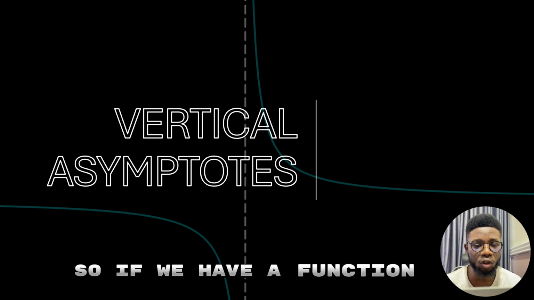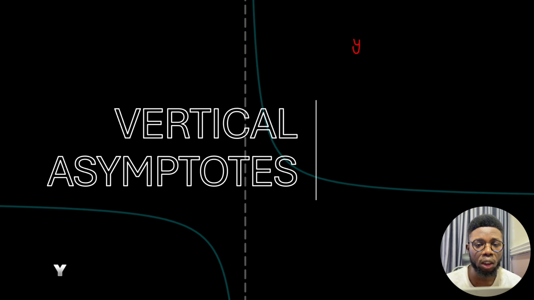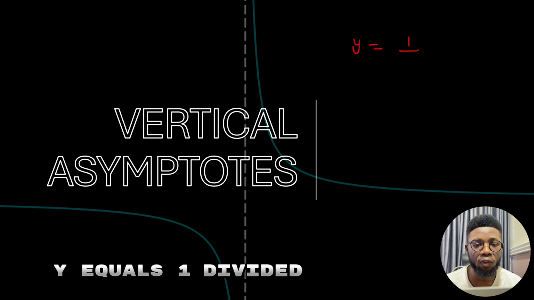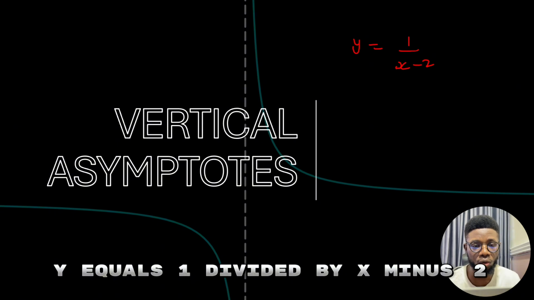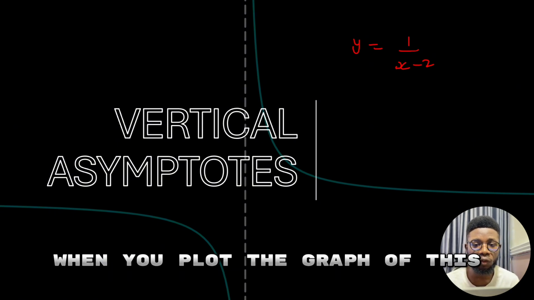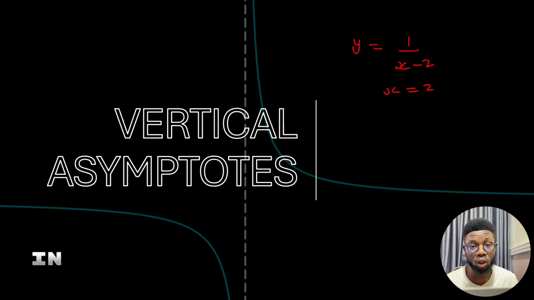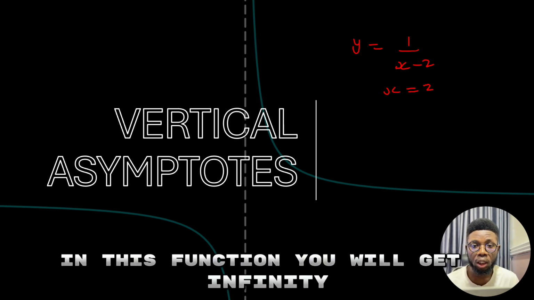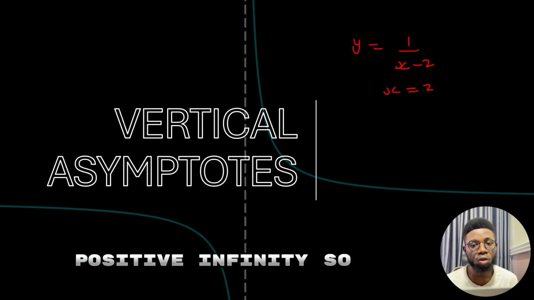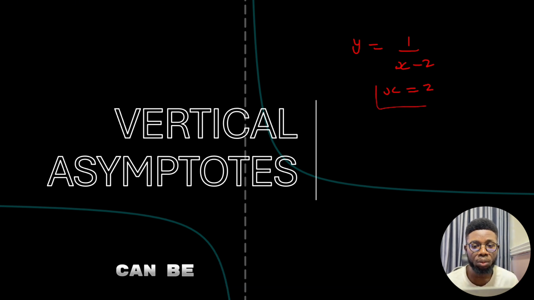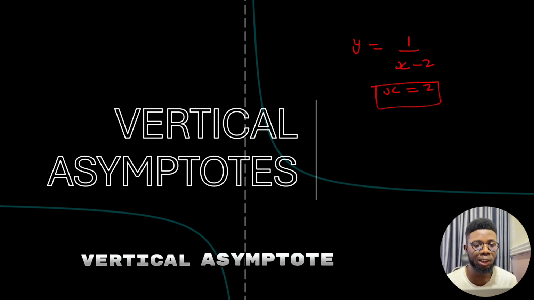So if we have a function, say y equals 1 divided by x minus 2, what happens is that when you plot the graph of this function at x equals 2, because if you substitute x equals 2 in this function, you will get infinity, positive infinity. So that x equals 2 can be regarded as the vertical asymptote of this function.